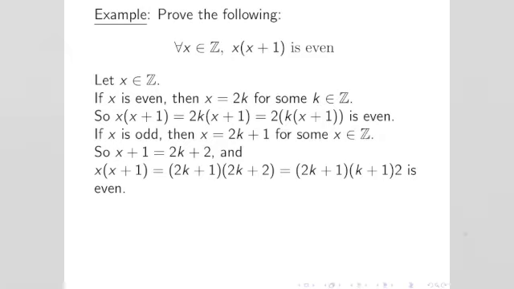We've dealt with the case where x is even, we've dealt with the case where x is odd, and those are the only two possibilities, so it must be that indeed, for all integers x, the value x times x plus 1 is even.